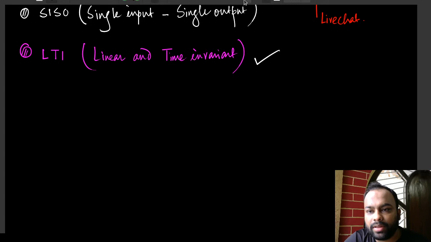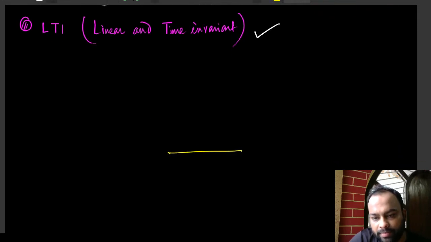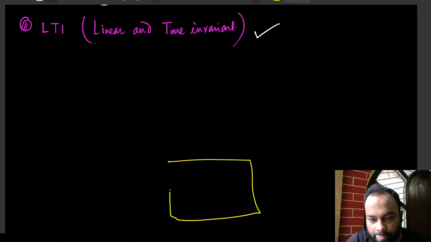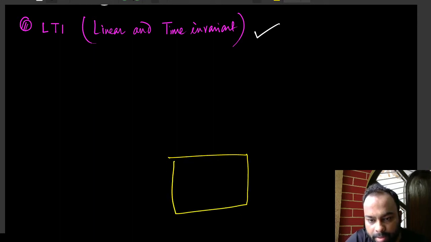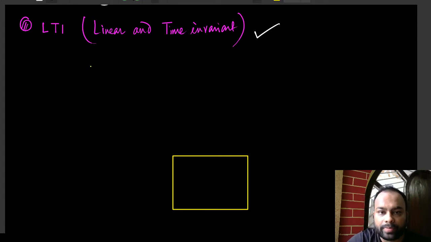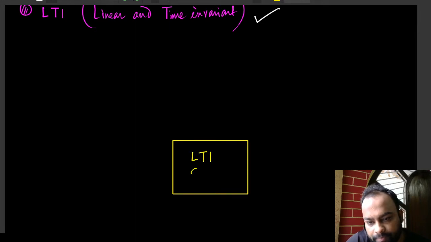So with that said, let's start with a very simple thing. Often what happens is we are given a system. I hope I could draw this well. Imagine we are given a system, and I'm saying this is an LTI system.